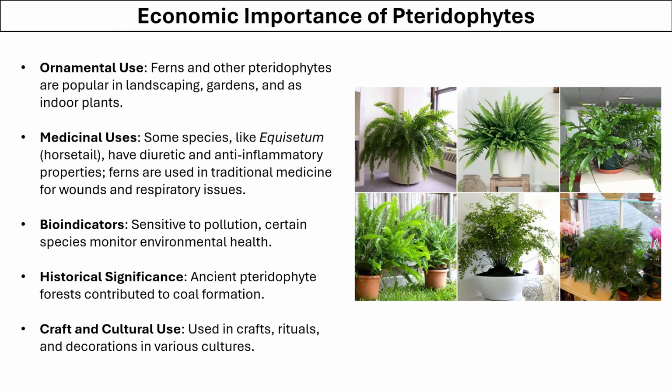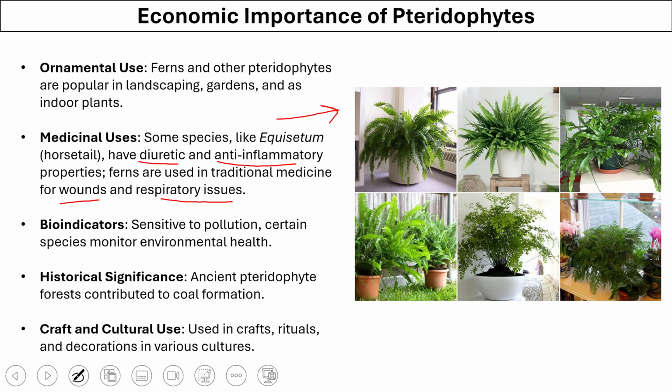Economically, pteridophytes are widely used as ornamental plants, and they are used as indoor plants as well. Pteridophytes such as Equisetum can be used as a diuretic or anti-inflammatory medicine. Ferns are also used for wounds and respiratory issues.